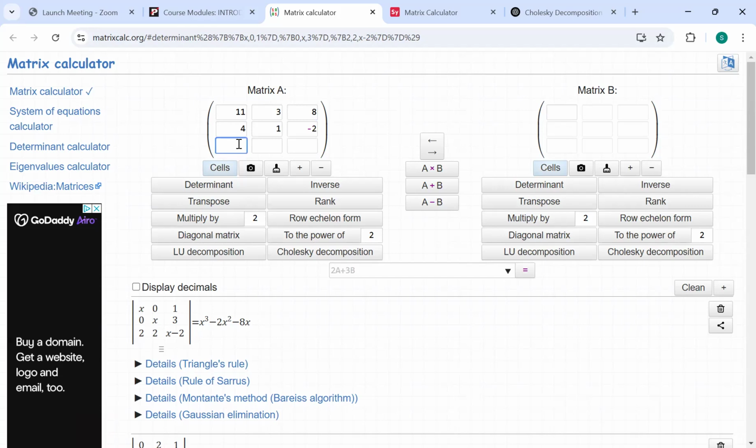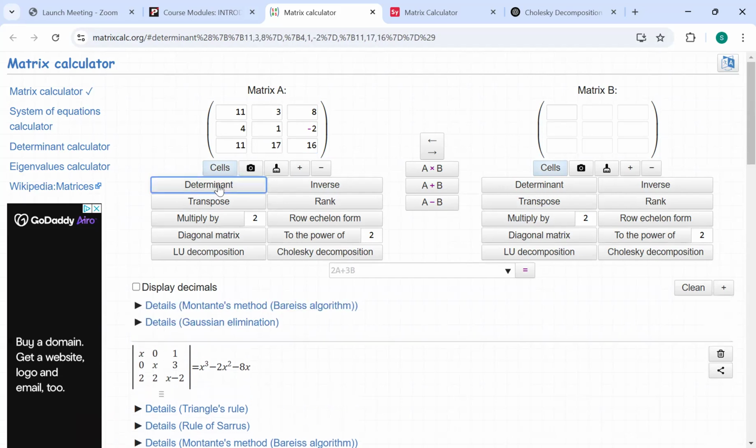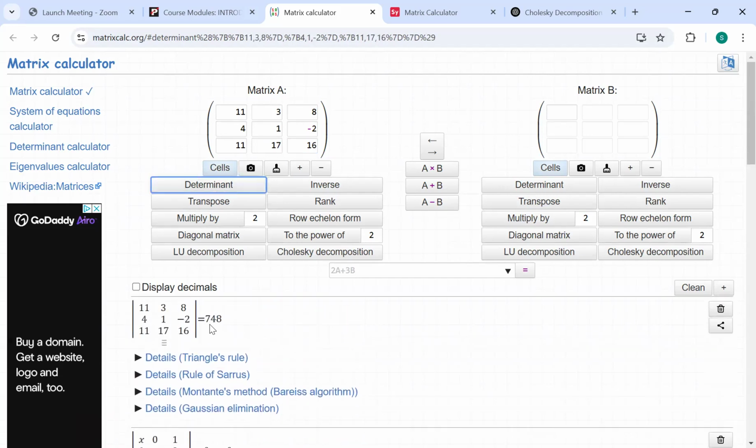Third row, 11, 17, 16. Okay, that looks right. Please check in case I made any entry error. I think it looks right. And I'm going to do the determinant. Boom. And here you go, 748. So it's negative 5 times 748.